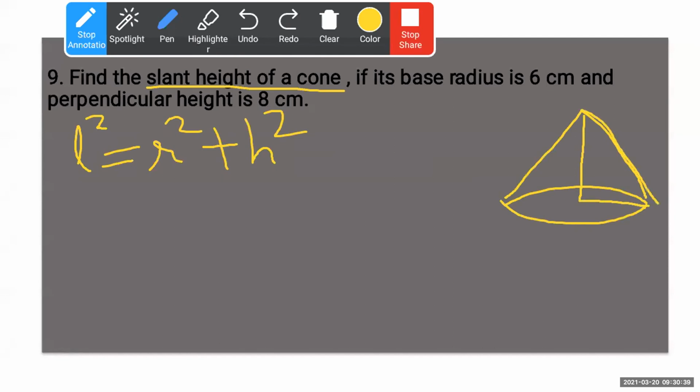This is the slant height, that is L. This is H and this is R. So in the Pythagoras theorem, how do you apply it? Square of the hypotenuse is equal to the sum of the squares of the sides forming the right angle. So slant height is somewhat similar to the Pythagoras theorem.